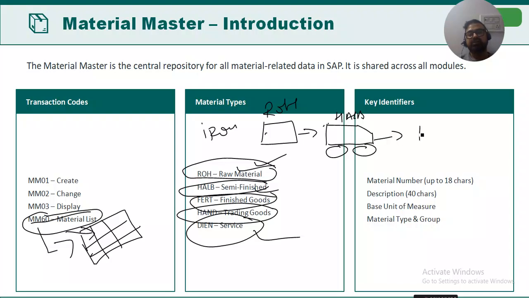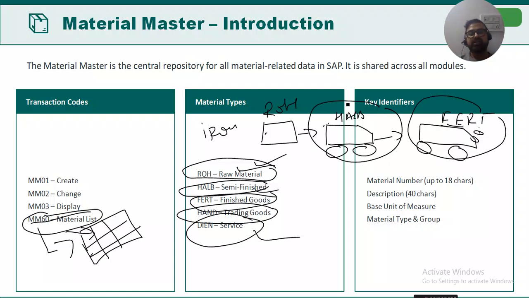And once the car is completed with all the things, lights, etc., sorry, this is the semi-finish, and this is the finish, and this is the raw material.